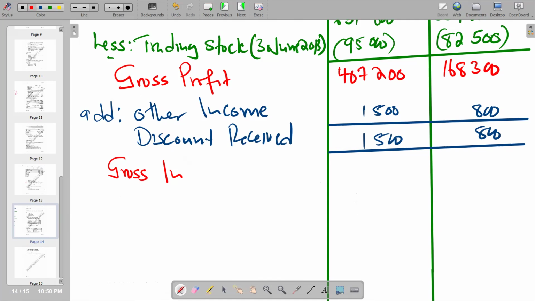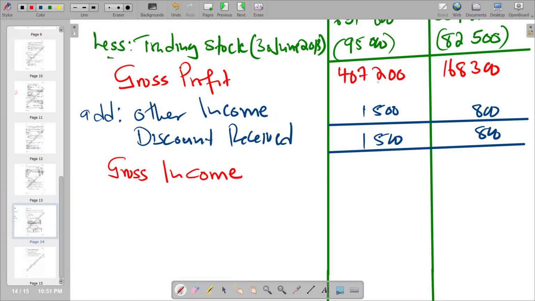Then we get the total for our gross income, which becomes 408,700.